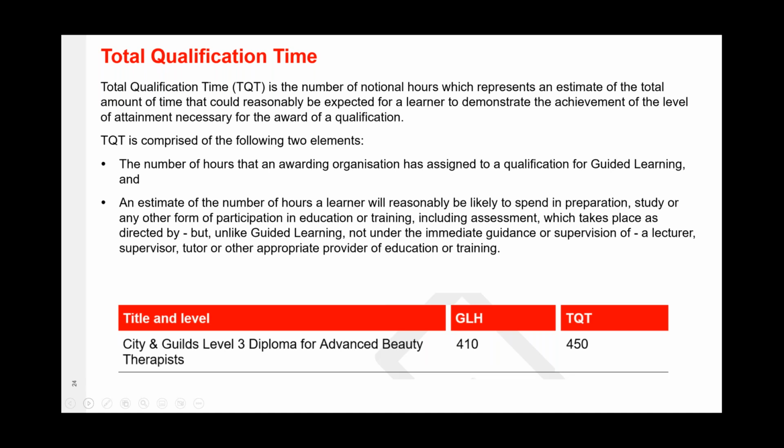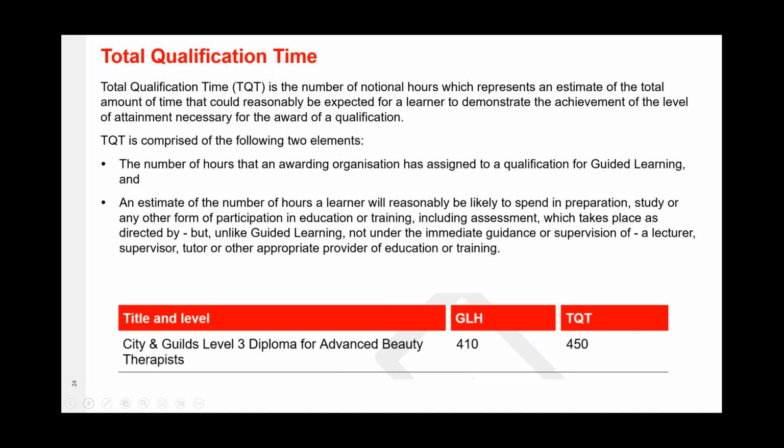The number of hours that the awarding organisation has assigned to the qualification, and an estimate of the number of hours a learner will reasonably be likely to spend in preparation, study or a form of participation in education or training, including assessment, which takes place as directed by, but unlike guided learning hours, not under the immediate guidance or supervision of a lecturer, supervisor, tutor or other appropriate provider of education or training.